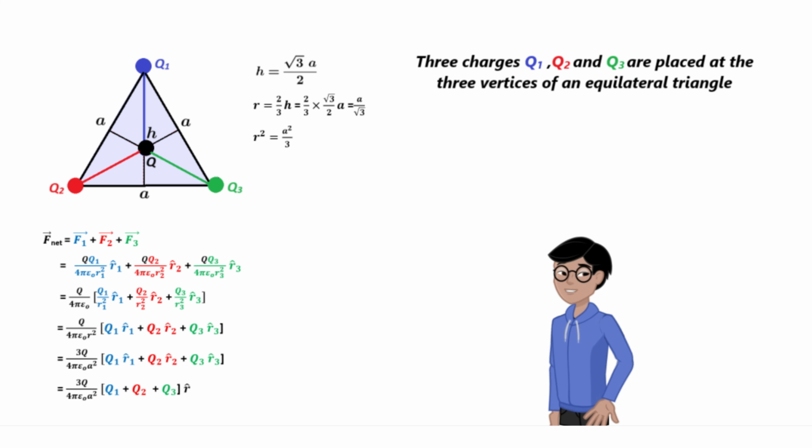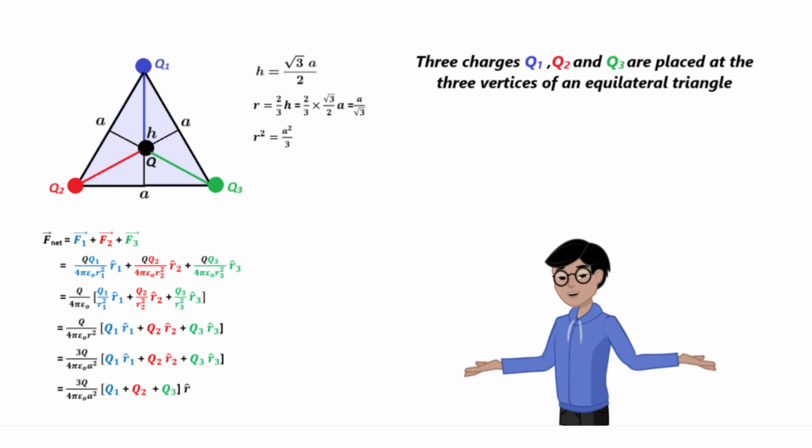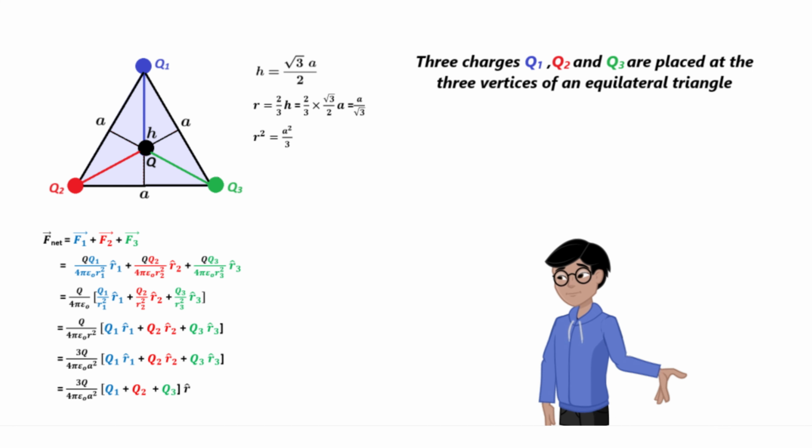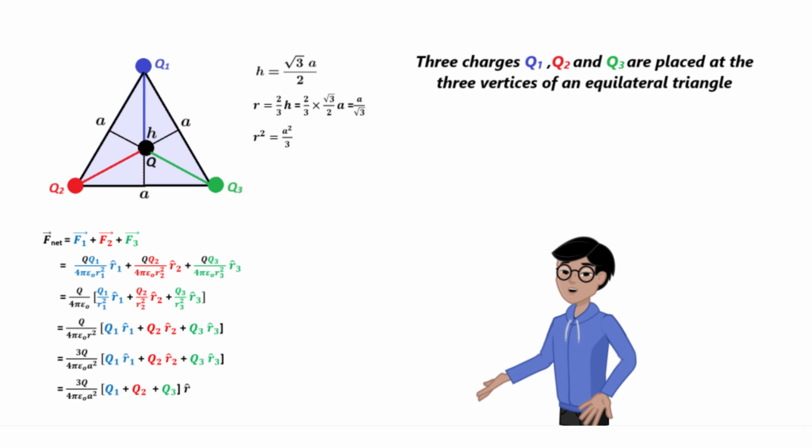Similarly, the force between Q and Q2 is F2 and the force between Q and Q3 is represented by F3. In this case, all the three charges are equal distance apart from the test charge Q. Using basic geometry, we can calculate this distance is A by root 3. After simplification, we will get the net force acting on the test charge as shown in the final expression.